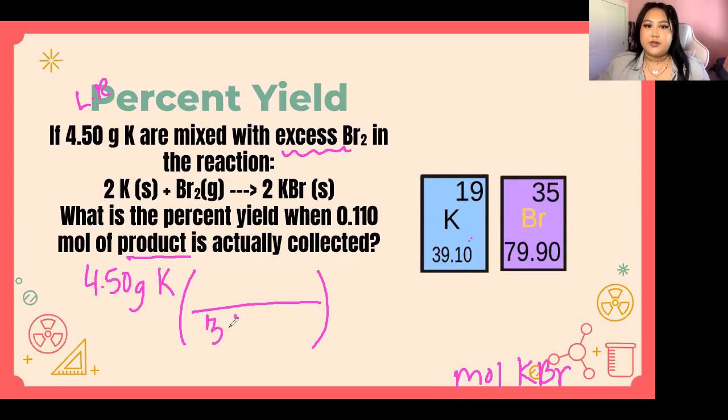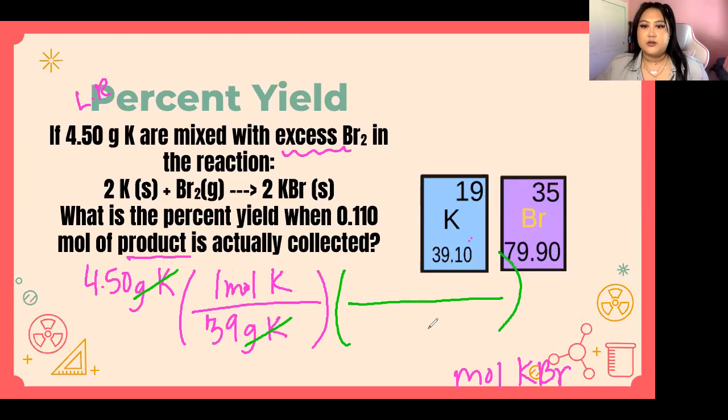So we have 39 grams of K per 1 mole of K. Okay, so after getting rid of that, then we can go to what next? Moles of K, right? 2 moles of K because of this coefficient.